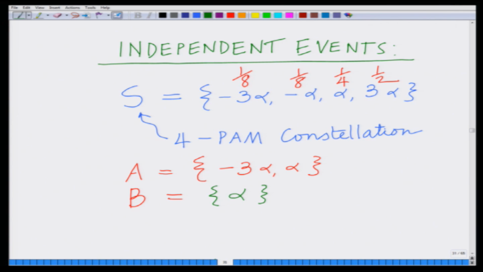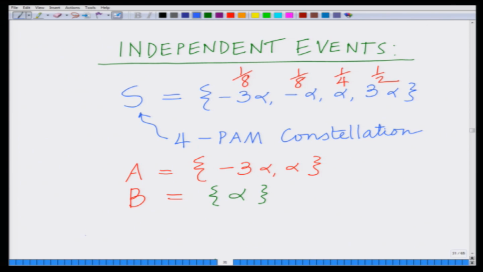And we had rigorously proved that these two events A and B are not independent.